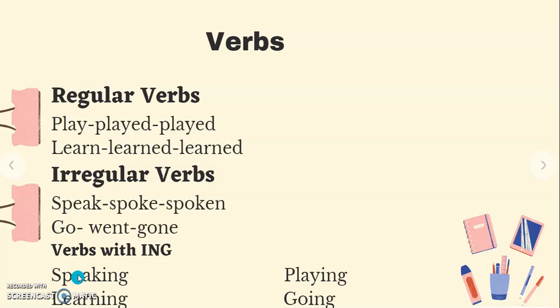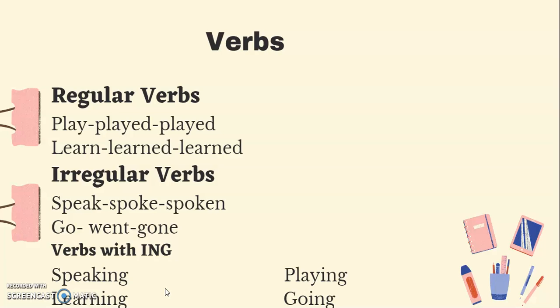Now, verbs with ing. I have speaking, I have learning, I have playing, and the other is going. We use verbs with ing when something is happening in the moment. It is the action that is happening in the moment.